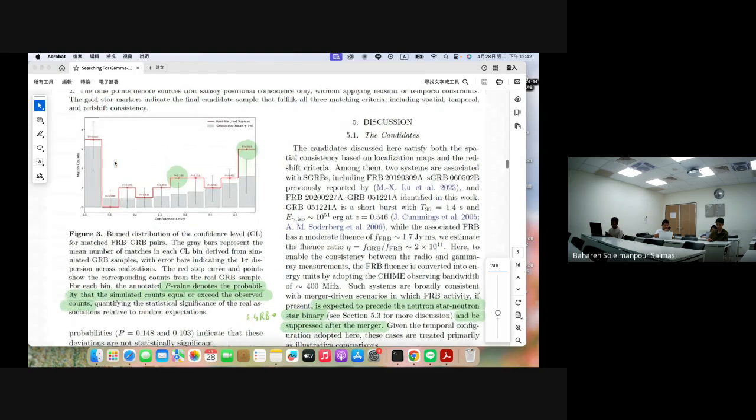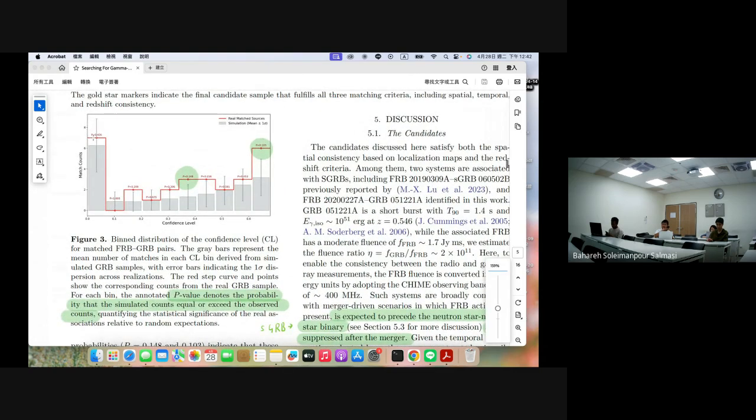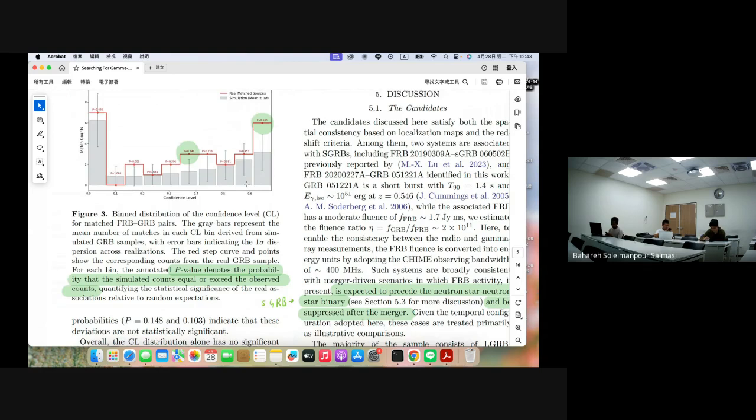The gray region is the simulation result, and the red line is for real matched sources. If the p-value is large, that means the coincidences are random. But for these two, the p-value is small, meaning random chance will not produce that much coincidence. So these two probabilities indicate that these deviations are not statistically significant.